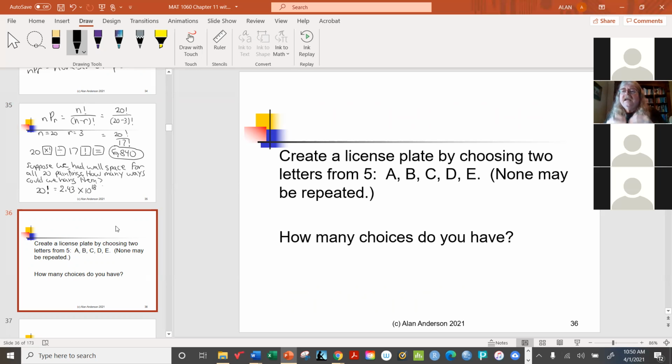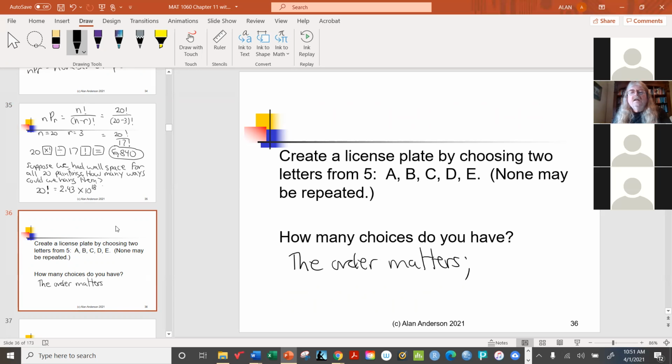Well, in this case, the important detail is that the order of selection does matter. In other words, for example, the license plate AB is different from BA.